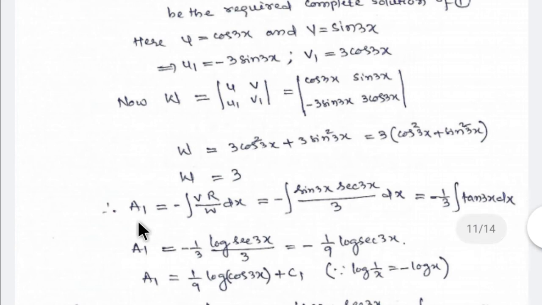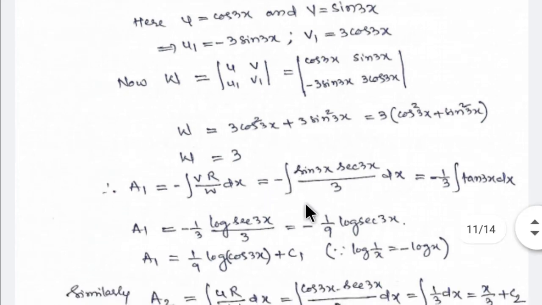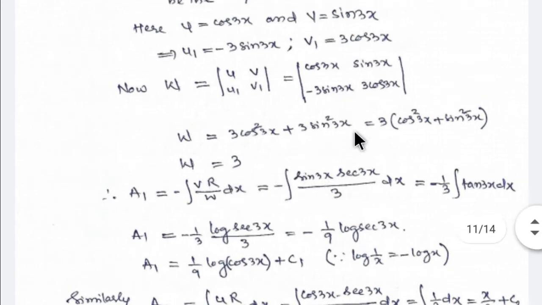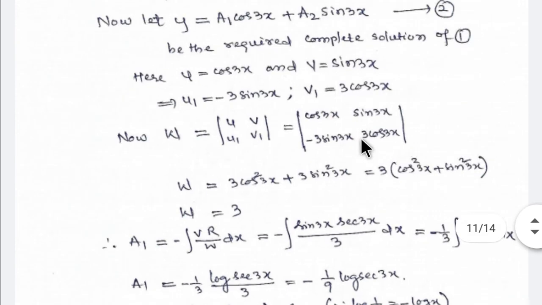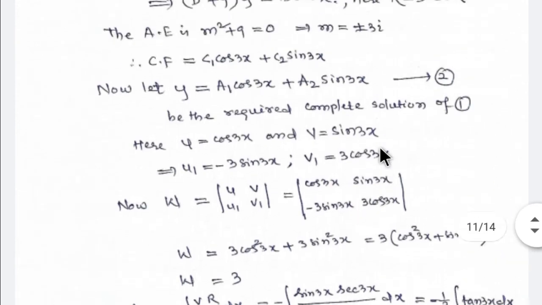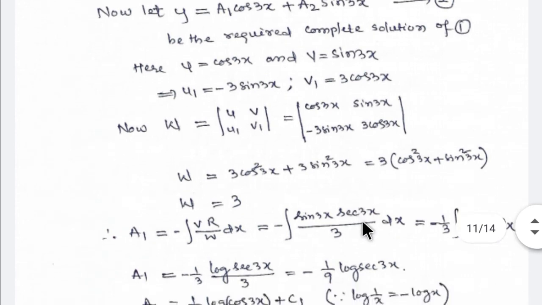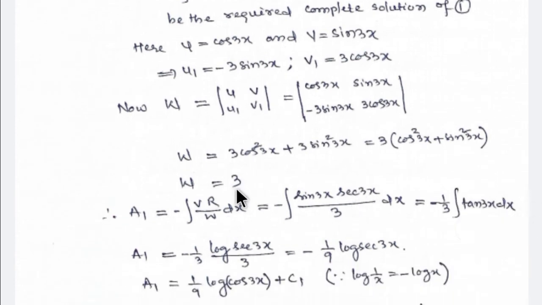Now a1 is given by the formula minus integral of v into r divided by W with respect to x. Substituting the values, minus integral of v is sin 3x, and r is sec 3x, divided by W, which is 3.